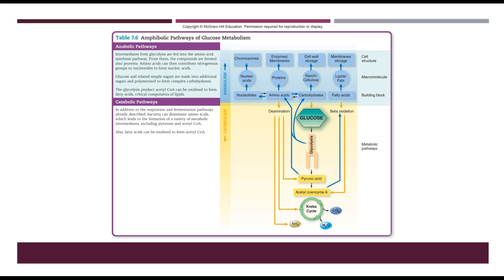So this is an example of these amphibolic pathways relating to glucose that we find in the cell. If we start with glucose, glucose can be used a number of different ways in the cell. We can put glucose through glycolysis and then use those component parts to form carbohydrates. We can also use those component parts to build amino acids.